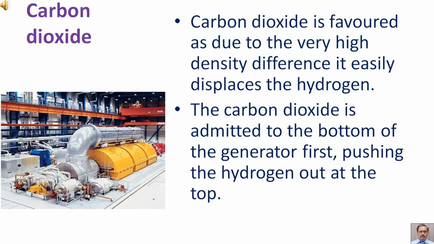Carbon dioxide is favored as due to the very high density difference it easily displaces the hydrogen. The carbon dioxide is admitted to the bottom of the generator first, pushing the hydrogen out at the top.